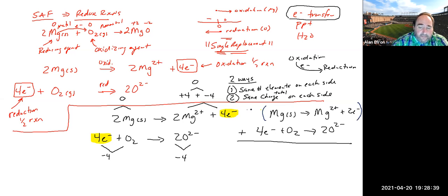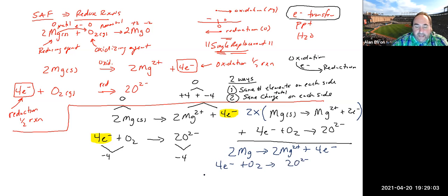And you sometimes need to multiply the half reaction by a number to get the electrons to the proper number. So if I did that, that would be multiplying the entire top guy by 2. And now what I will have is my balanced top equation with 4 electrons to go with my 4 electrons in my balanced bottom equation there.